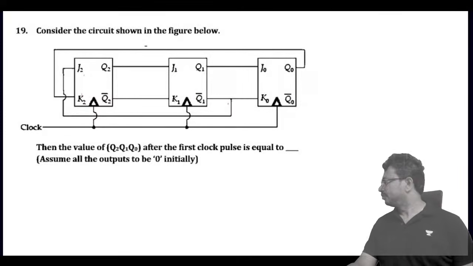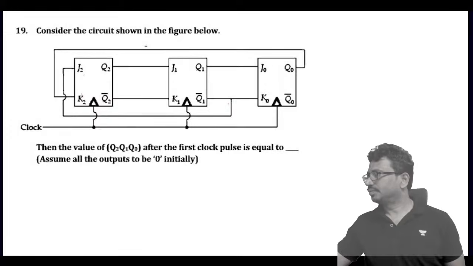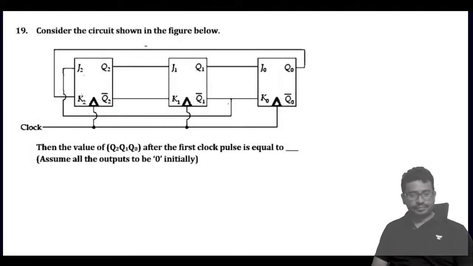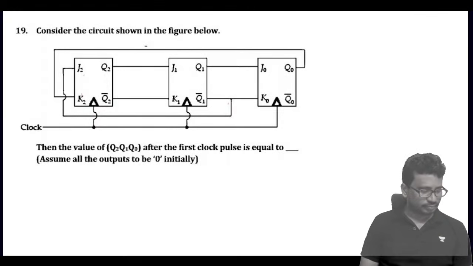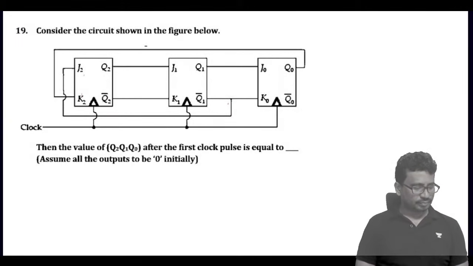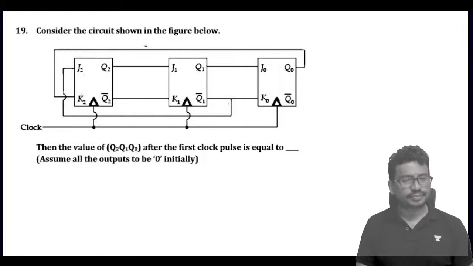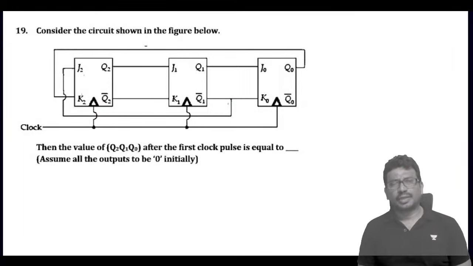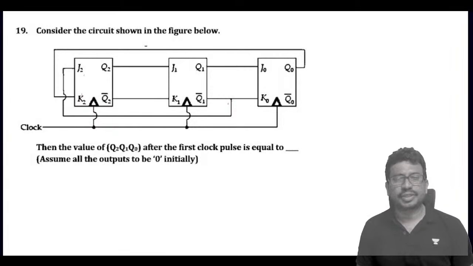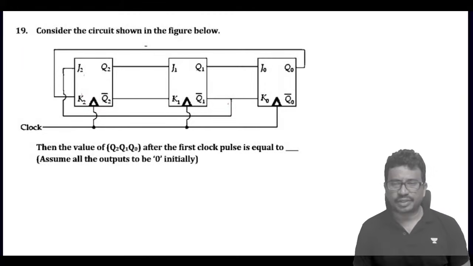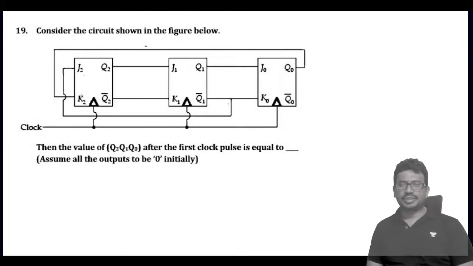Next. Try this one. Consider the circuit shown below. They ask to find the values of Q2, Q1, Q0 after the first clock pulse.